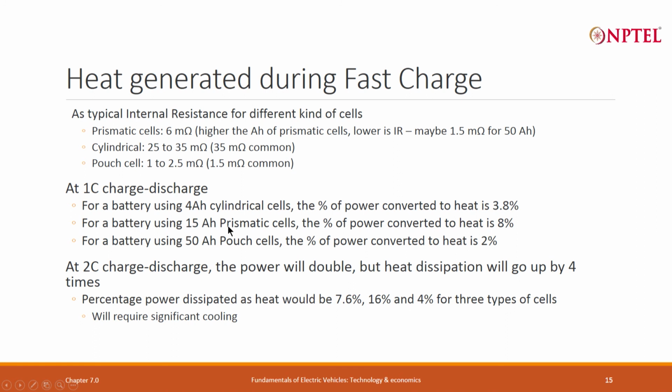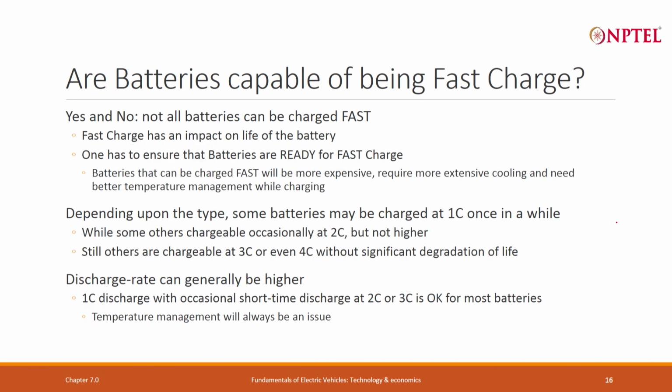15 multiplied by 6 milliohm. So, it is 90, but it is a milliohm. So, 15 into 6 milliohm, 6 into 10 to the minus 3 multiplied by 100 divided by 3.7.